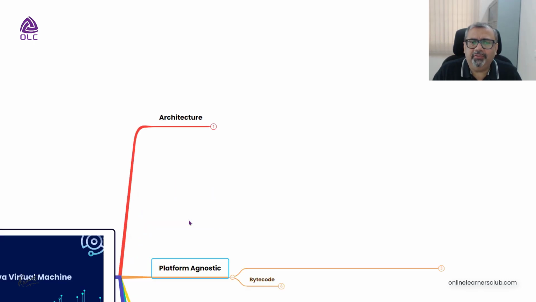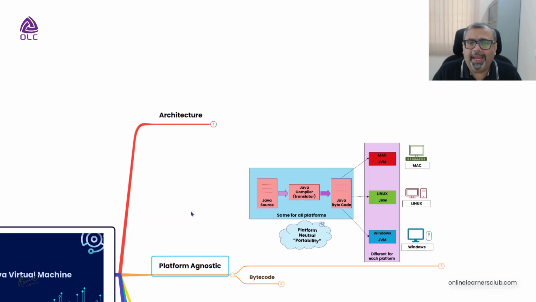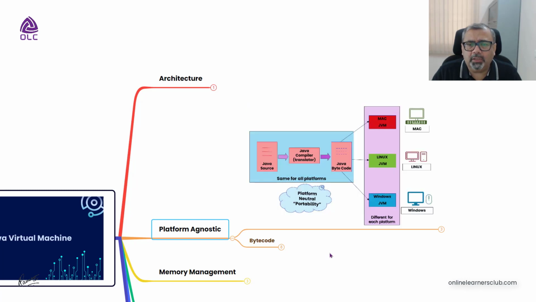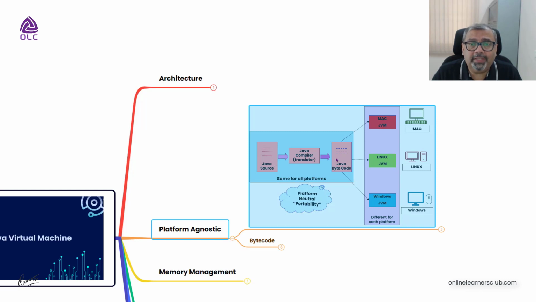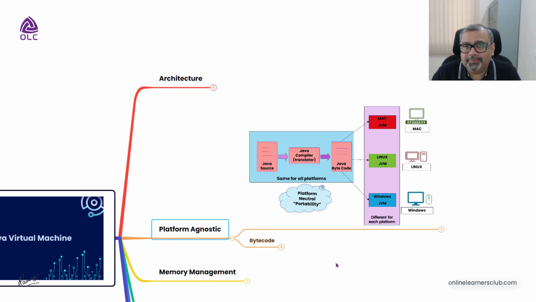And one of the features of the JVM is that it is platform agnostic. When we talk about Java, we say it's platform independent, as we said in the previous chapter. How is it platform independent? The Java source code which gets converted into bytecode is platform neutral. And the JVM, which we discussed in the architecture, is available for a particular operating system. So we have JVM for Mac, we have JVM for Linux, we have JVM for Windows.